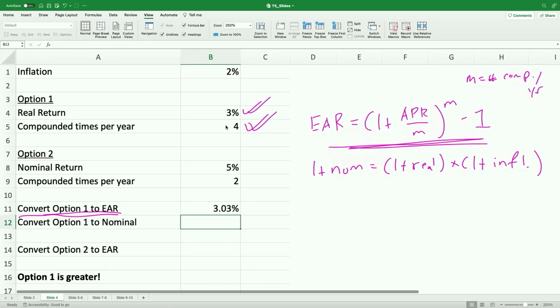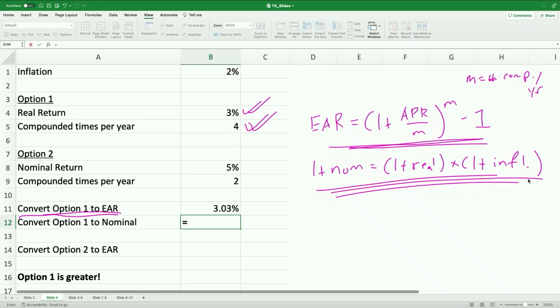Okay? So the next step then is to convert that real rate of return into a nominal rate of return. We can do that using the Fisher equation, the equation below, which will help us convert real returns to nominal returns. So let's do that. What would the nominal return be following the Fisher equation?